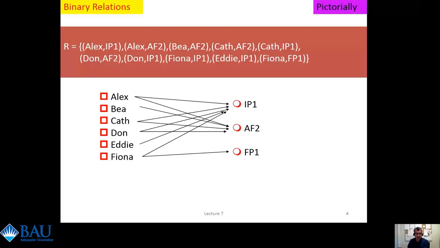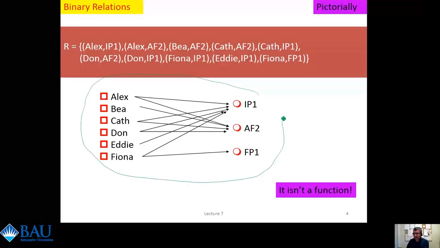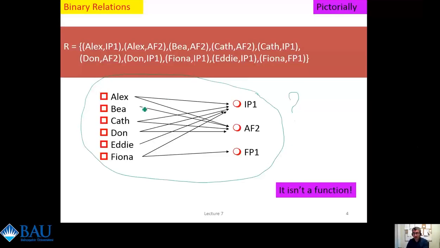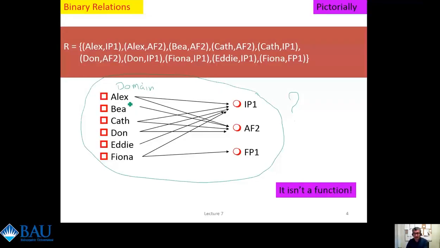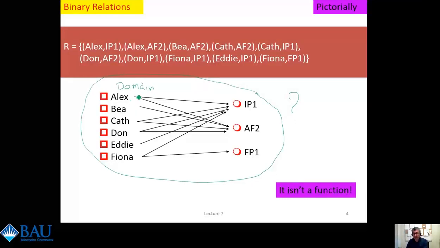Let me ask one question at high school level. As this graph, is that a function? The answer is no. Why is it no? Because to be a function, any element in the domain, the set of inputs, which we will talk about later, must have exactly one output.